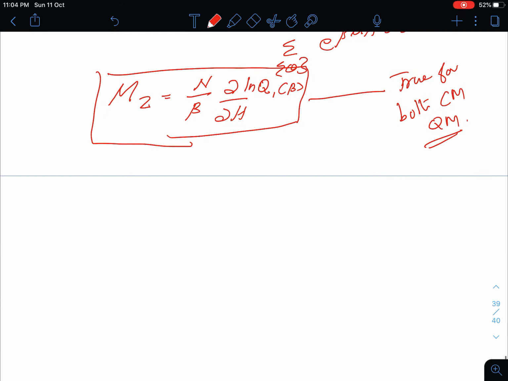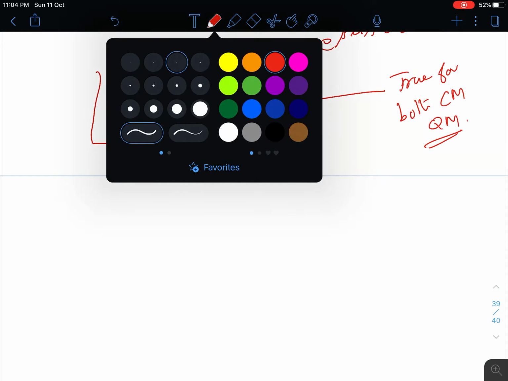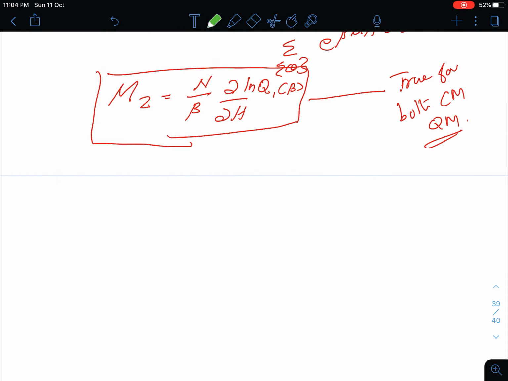Now let us go to the classical picture. Unlike the quantum mechanical picture, in the classical picture you have a continuous system. The dipole can align in any possible direction.